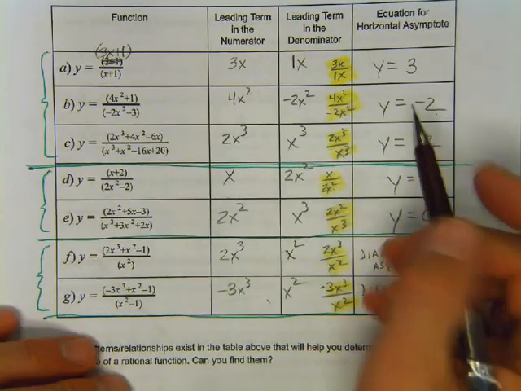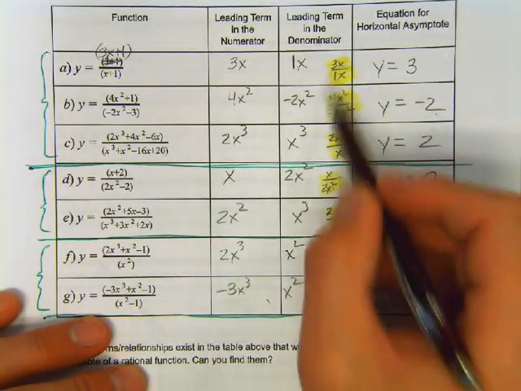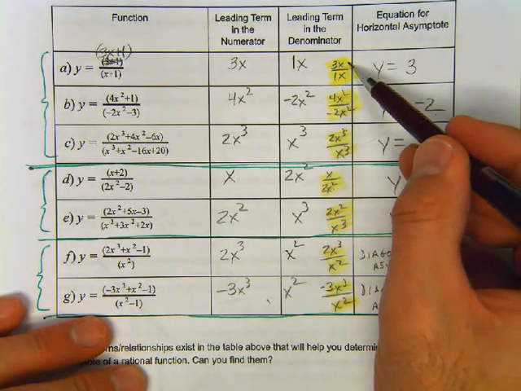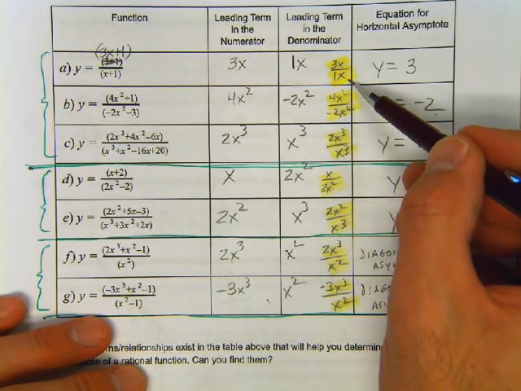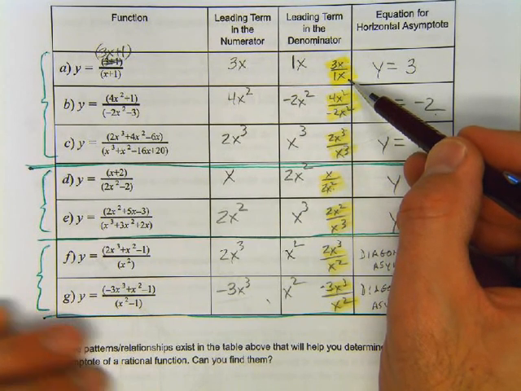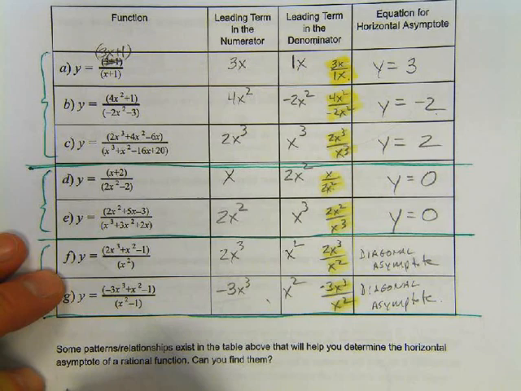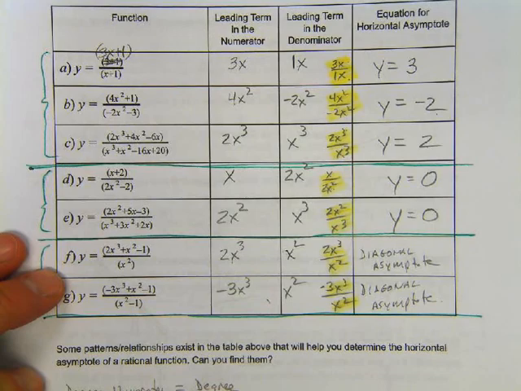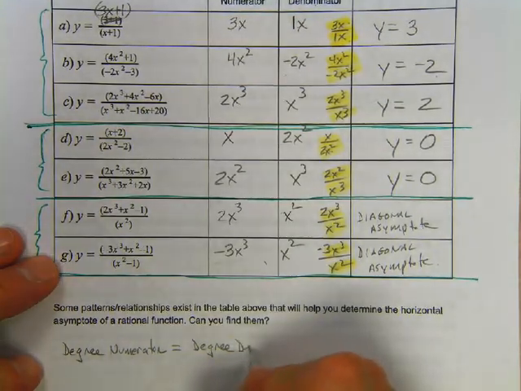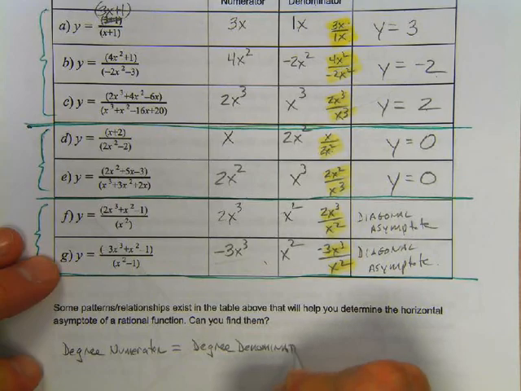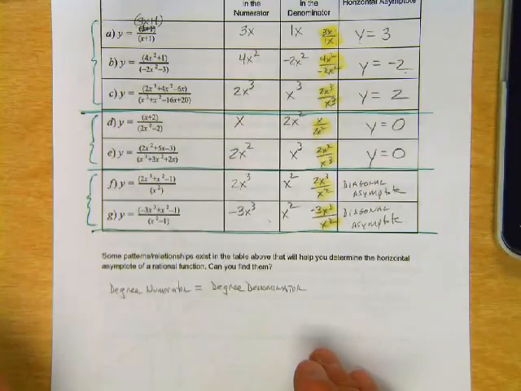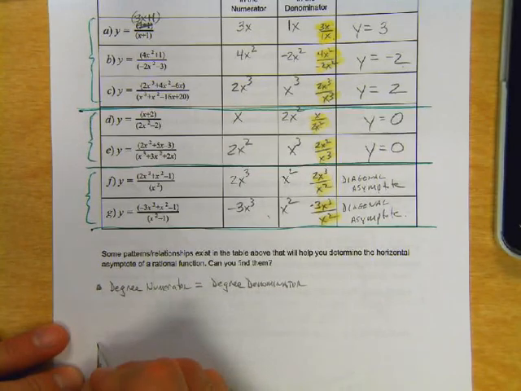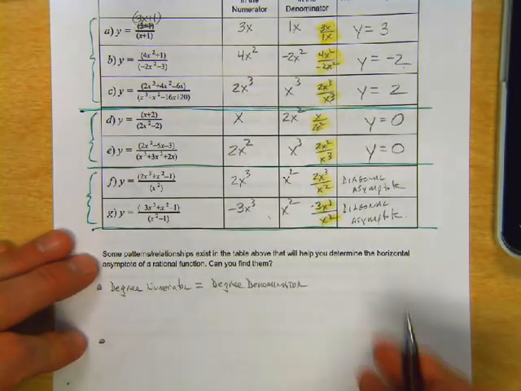Let's look at this one. The first 3. What's the degree of the numerator compared to the degree of the denominator? They're the same. So case number 1, degree of numerator equals degree of denominator. That's case number 1. Okay? What do you notice about case number 2?